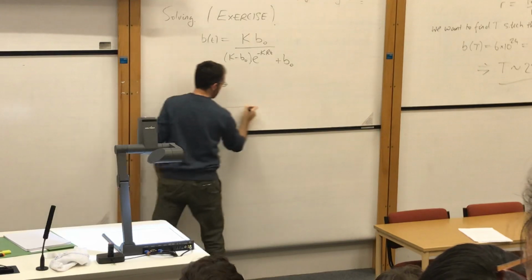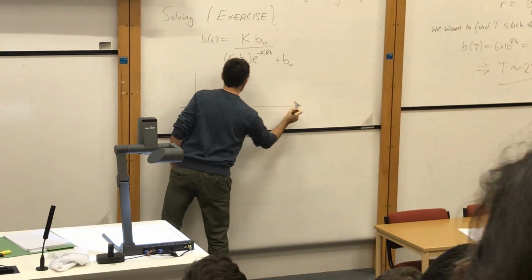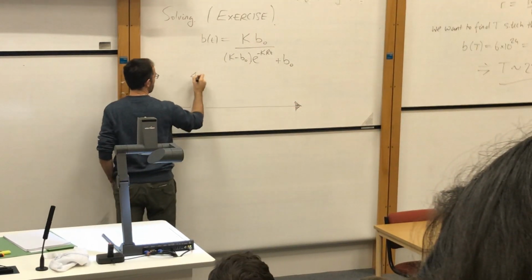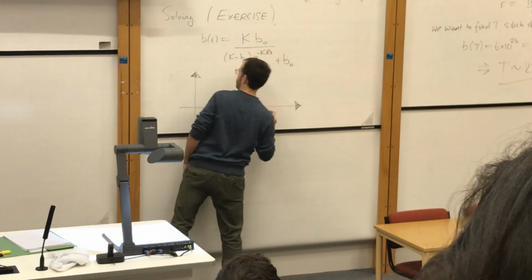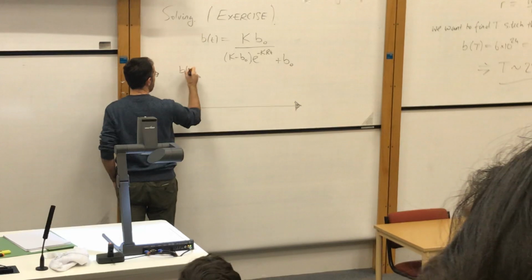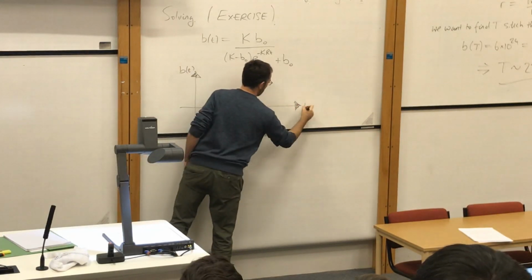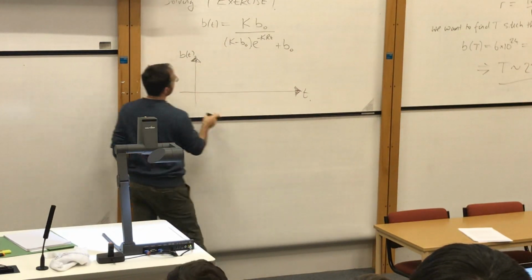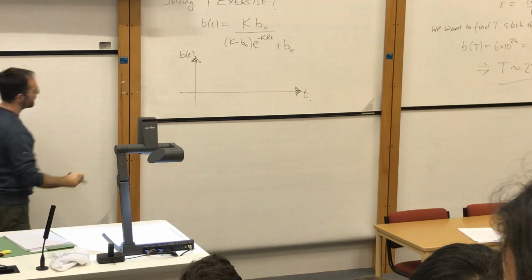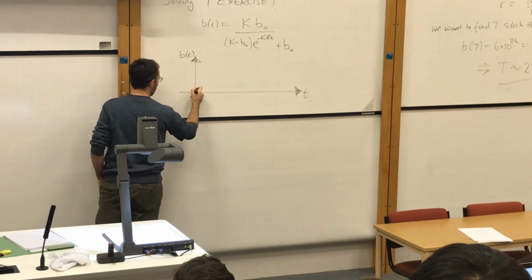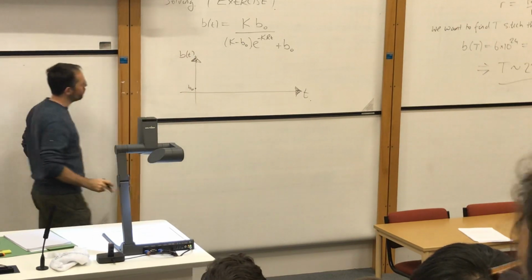What does that look like? Well, that's where you can use a little bit of elementary curve sketching. So we want to plot B of t as a function of time. Well, what happens in this equation? We know that when t is equal to 0, we start down here, at some value b naught.